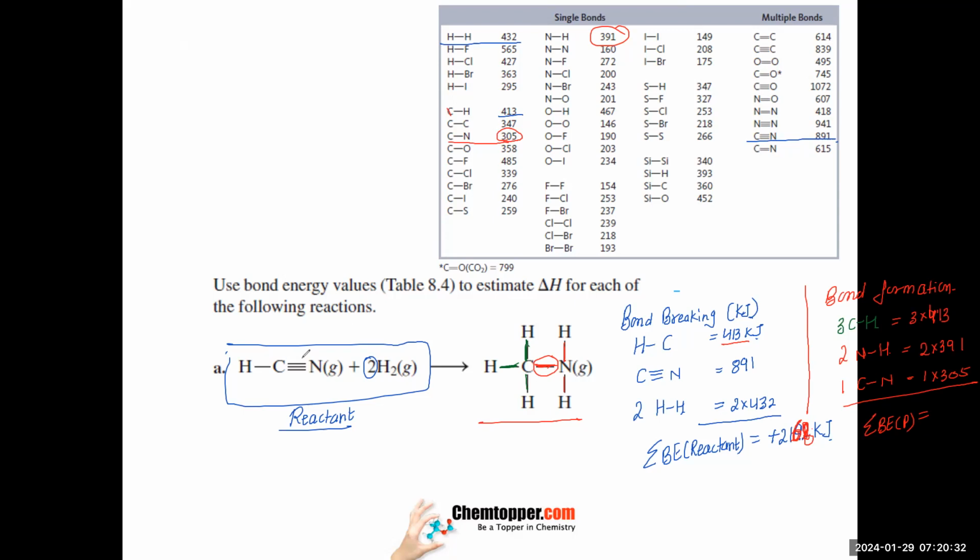It's a triple bond, and now the bond formed is single. Values are different. Triple bond is 891. Single bond is 305. Dhruv, was this the question? Okay. No, no, you must ask all the questions. Questions are most welcome. That clears your thinking.